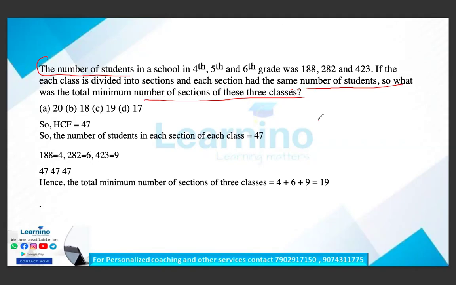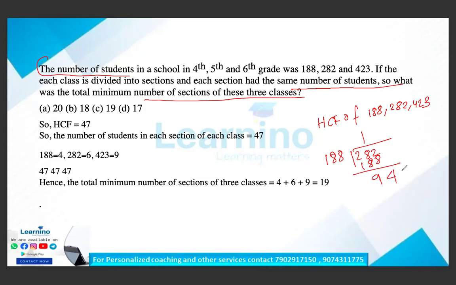So taking the HCF of 188, 282, 423 by the division method. Divide 282 by 188, and 94 is the remainder.